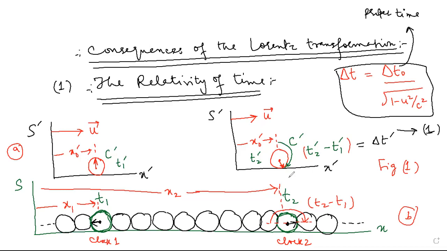The hand of clock C prime passing the two marks can be regarded as two events which occur at the same location x naught prime according to S prime, because clock C prime is at rest in that frame. Let me write it. This is important.